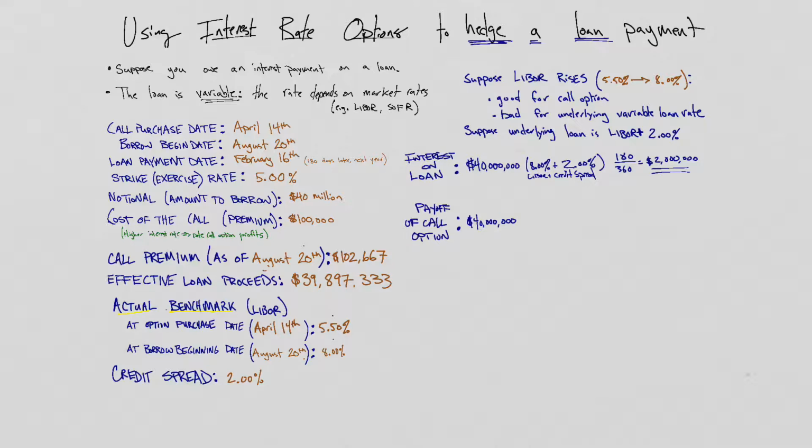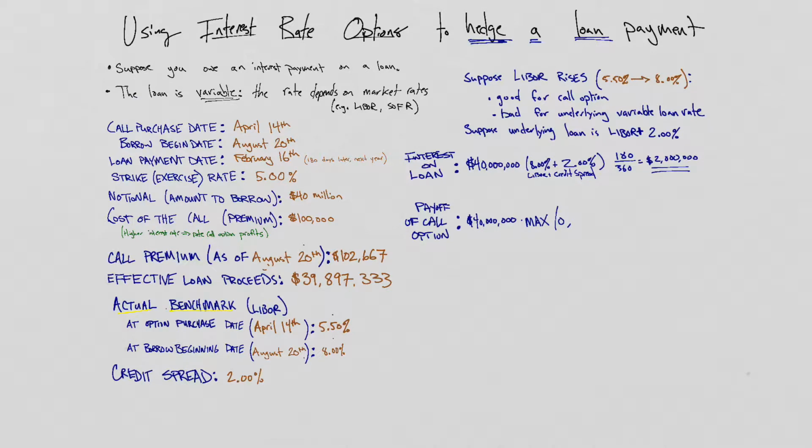And we know that the payoff of an interest rate call option is the maximum of either 0 or the difference between whatever the benchmark rate is at the time, the underlying rate, versus the exercise rate that we selected for this option at the very beginning when we purchased it. It's like our strike price.